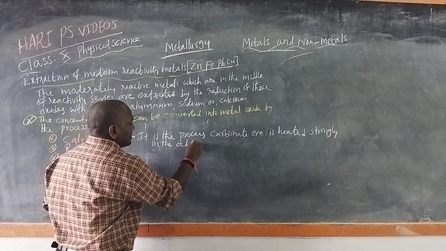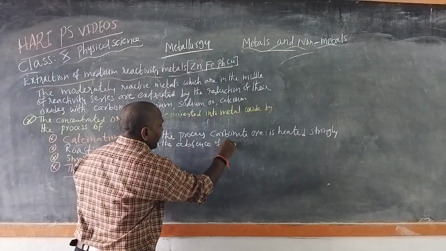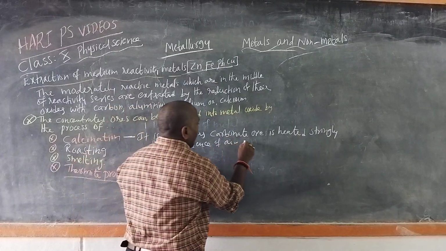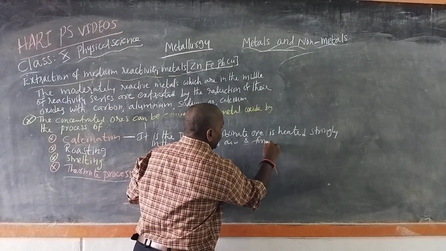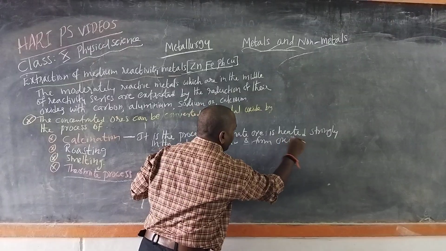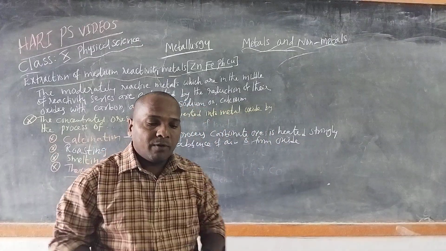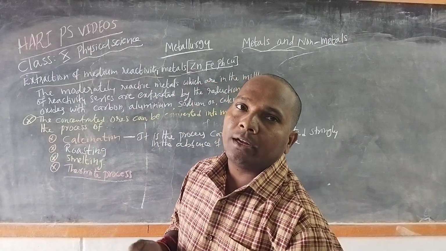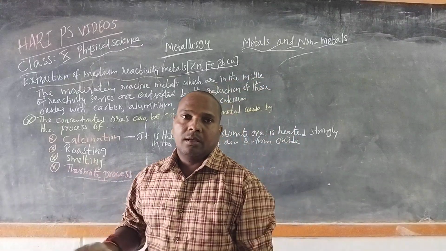That is called calcination. Simply, it is the process in which carbonate ore is heated strongly in the absence of air and forms metal oxide. So it converts carbonate ore into metal oxide.